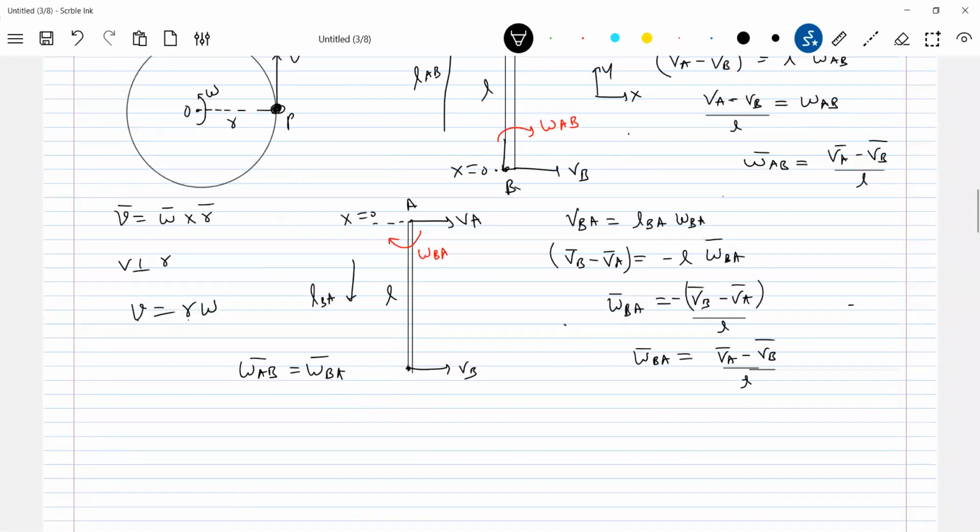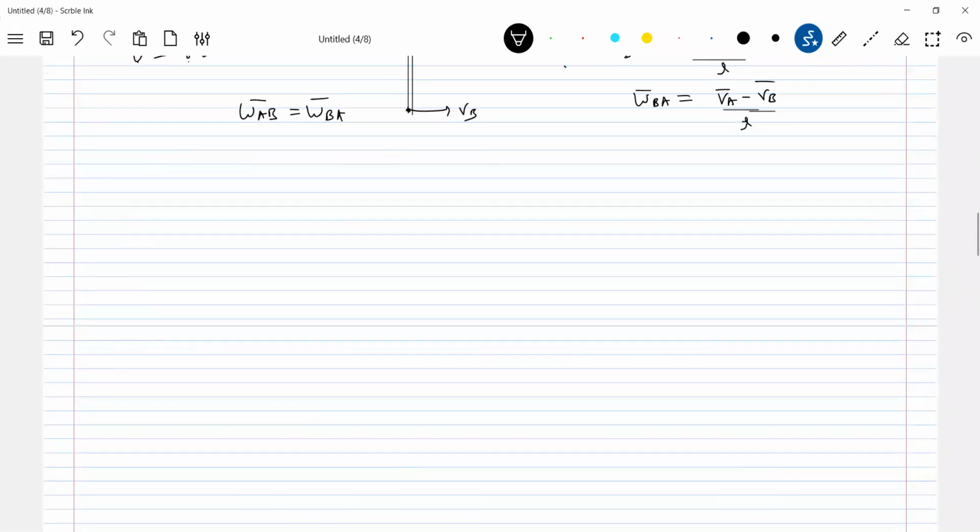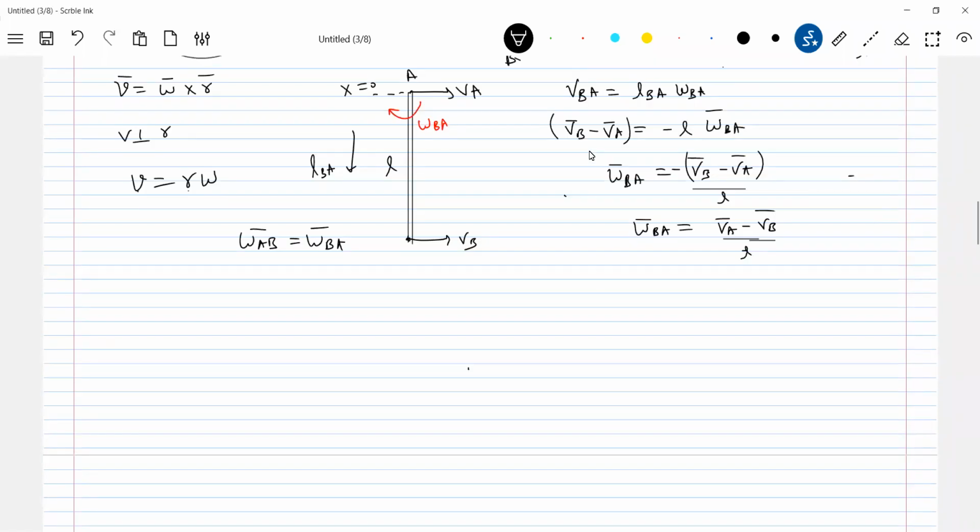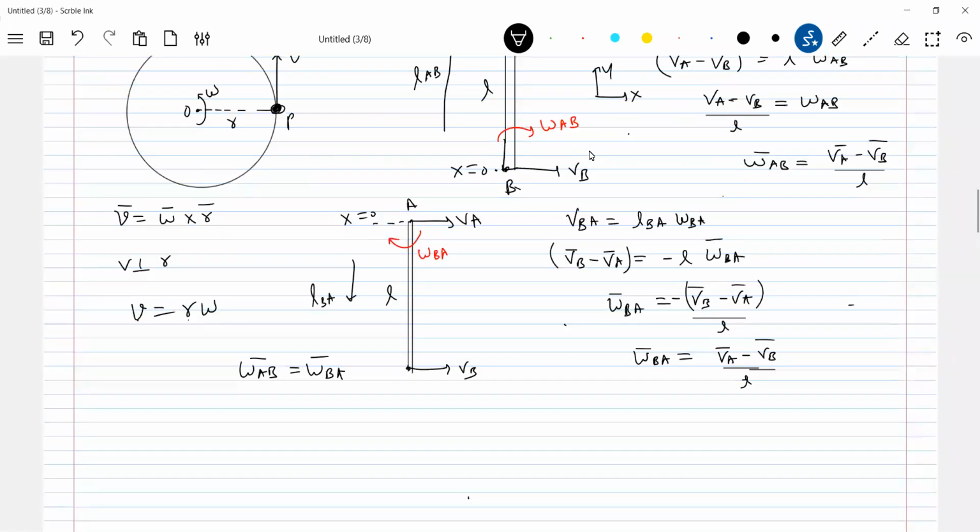So this is about the basic thing. Now I'll go for two particles revolving in a circular path. We'll discuss between the particles now.